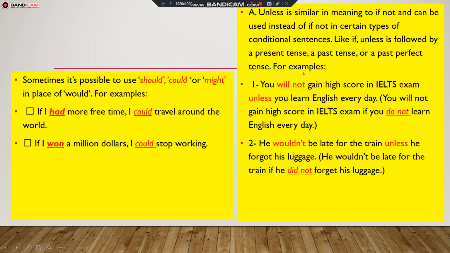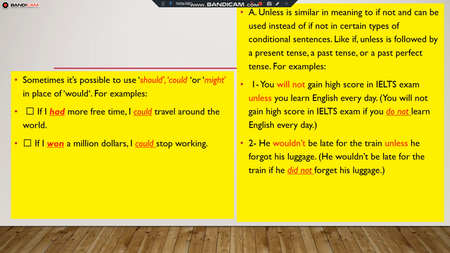But guys, we cannot use unless with a question. I will discuss this in detail shortly. We cannot use unless with a question. We can use unless instead of if not. For example, I will go out unless it rains. That means I will go out if it doesn't rain.